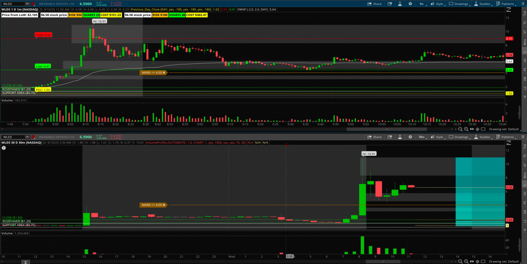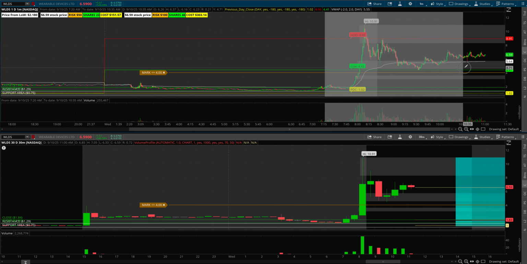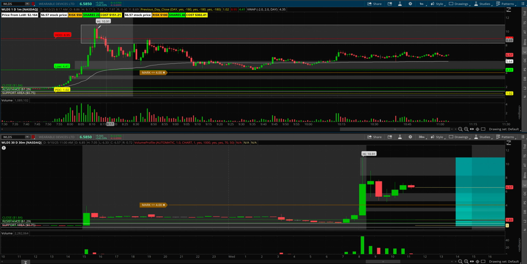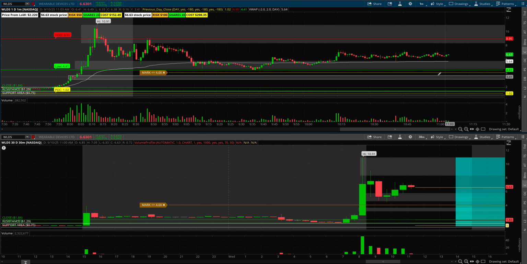Okay, so now that's going to be my resistance level for this stock, right? So that's going to be where the majority of the shorts are. And we may come up here, test this 8. If we can get through there, we're getting a squeeze, right?